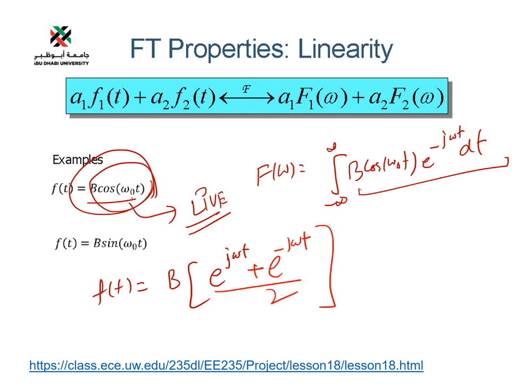So this signal can be written as two signals. If we apply the linearity property, we calculate the Fourier transform of each and just add them, and we will get the Fourier transform of the cosine signal.